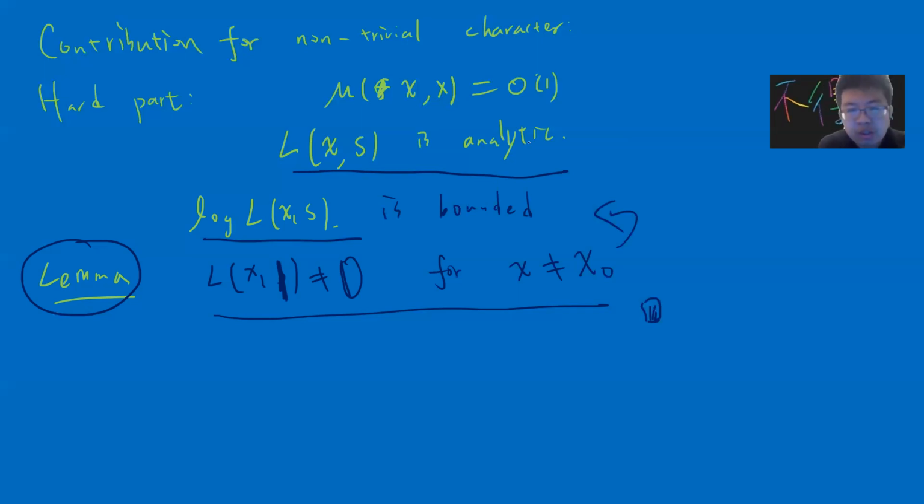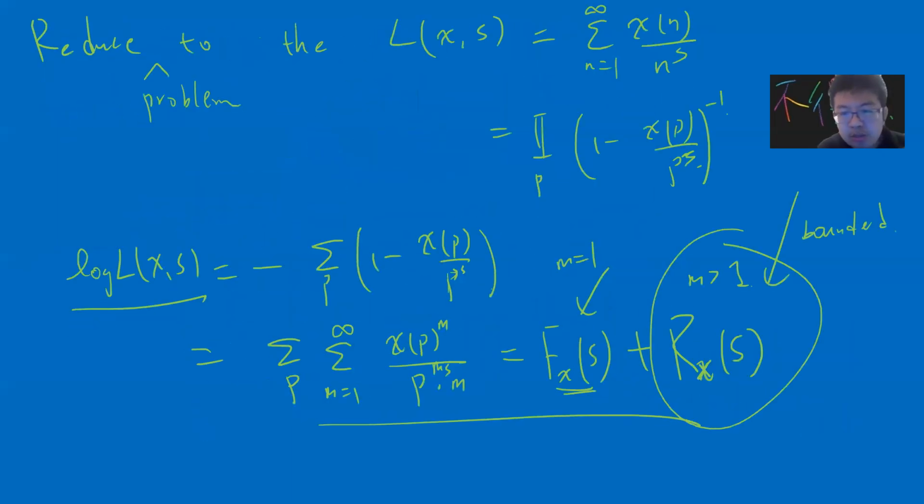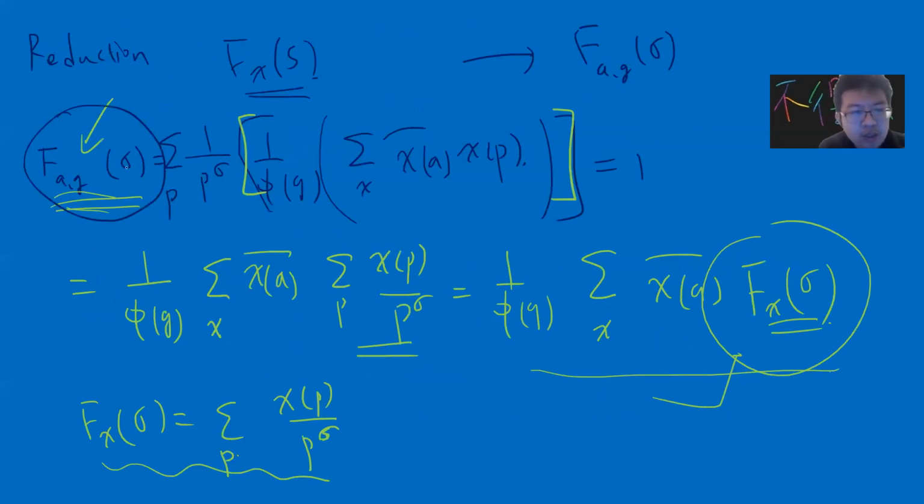The reason is that if log L chi of s is bounded, then we go back to this theorem. Then the contribution term in F_q which is unbounded only comes from chi equal to the trivial character. So when chi is trivial, you get the first term 1/phi(q) of log.